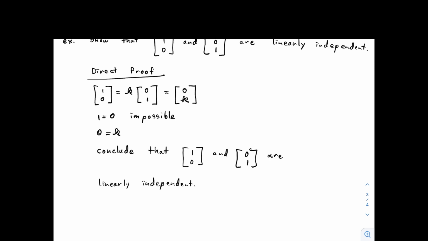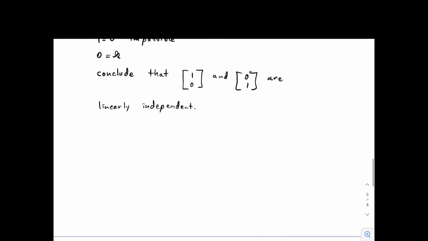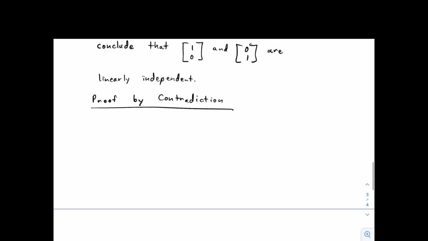Now, it turns out that the direct proof I gave here is actually pretty much that of the proof by contradiction, but still the proof by contradiction is just much more cumbersome. So let's consider the proof by contradiction here. So step 1, we assume that k exists such that the vector (1, 0) is equal to k times the vector (0, 1).